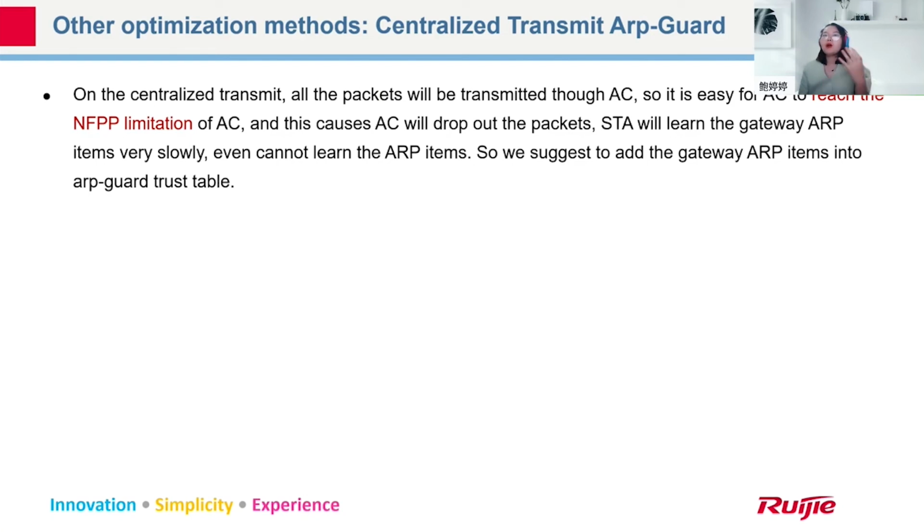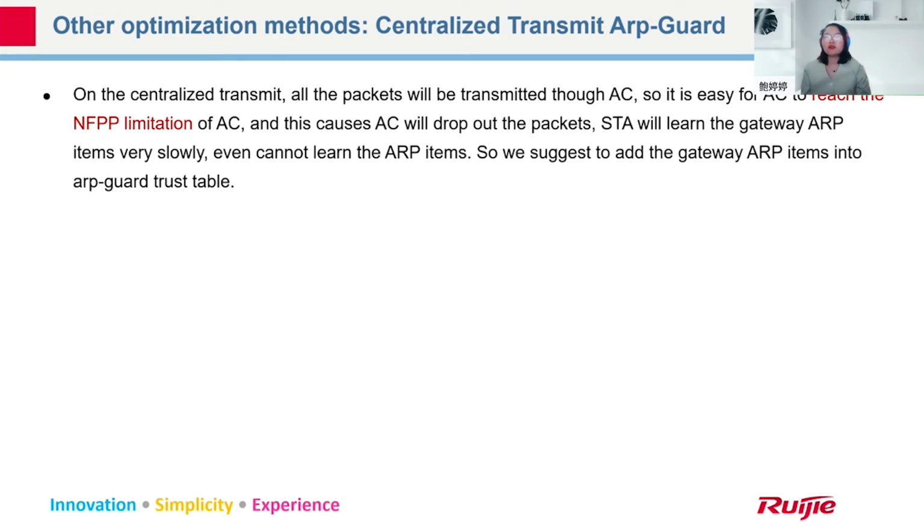But especially who needs the ARP resources, this is the gateway. Because in some scenarios, the station gateway is a core switch or maybe an access switch, not the AC. So we hope that for the ARP guard of the station, we can make some other devices do this function.